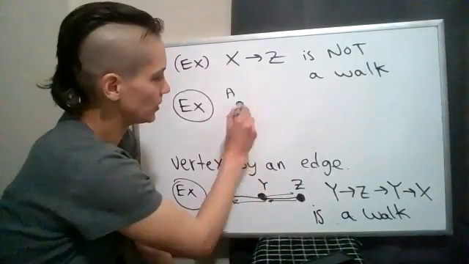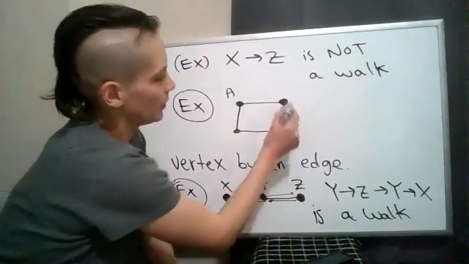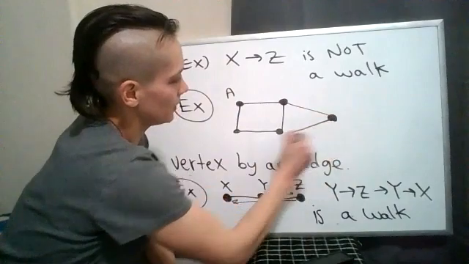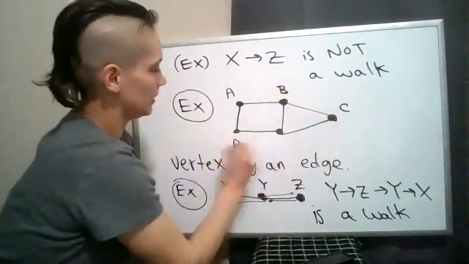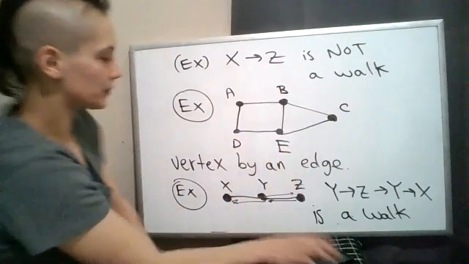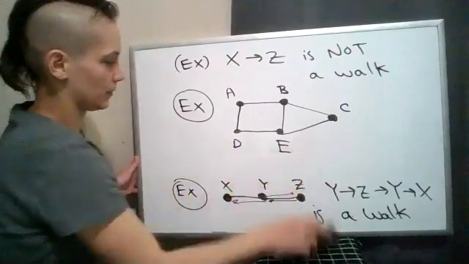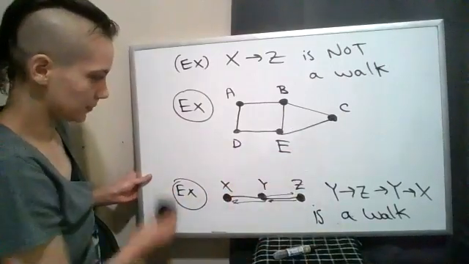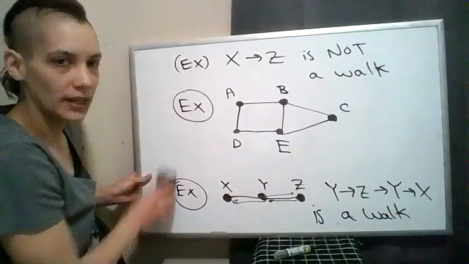So let's make a square shape. And maybe over here, A, B, C, D, E. We're going to do one that is a walk and one that is not a walk.